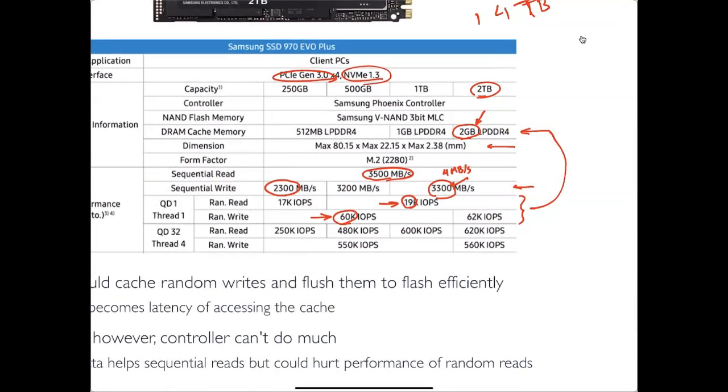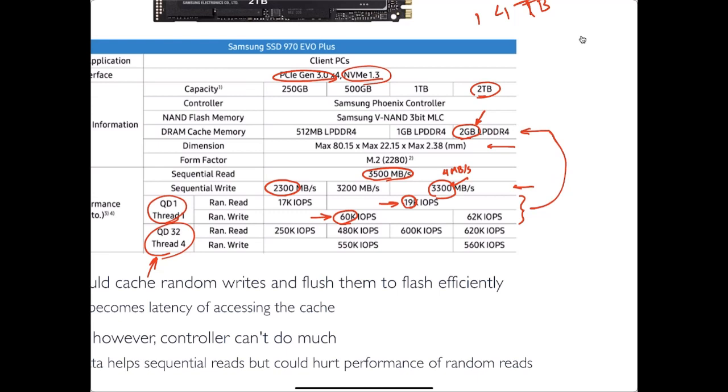Yeah. And then, I'm not 100% sure, but I think this is the number of lanes inside your SSD, the number of active writes that you could do per second. I might be wrong.